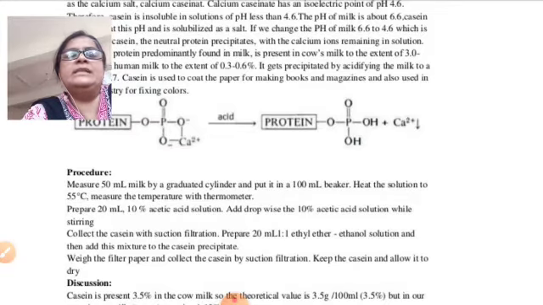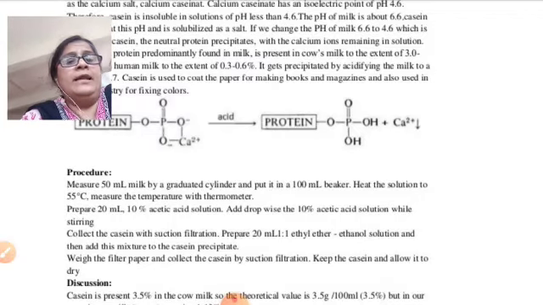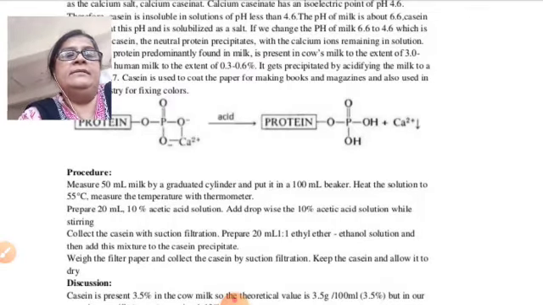We have to do the confirmatory tests in this case too. Actually, in cow's milk there is about 3.5% of casein present. This is the theoretical value, and we can calculate ours and compare the results.